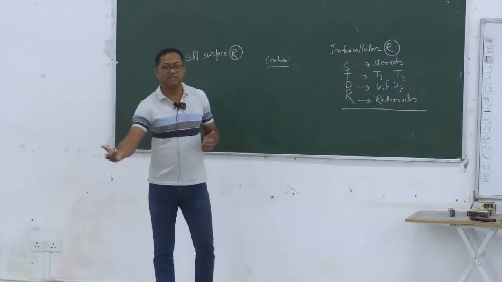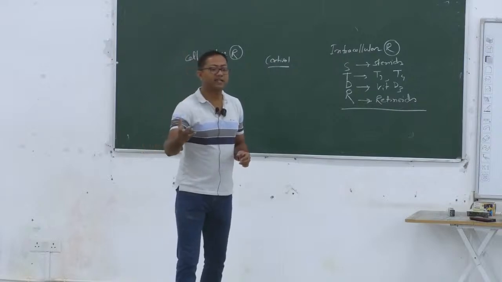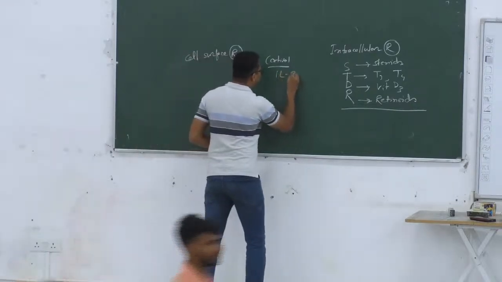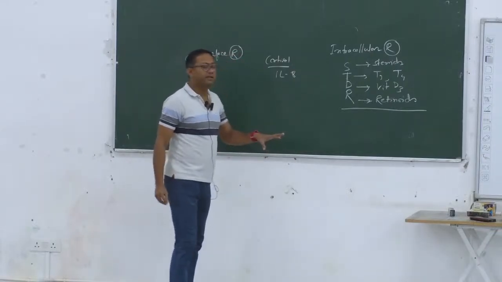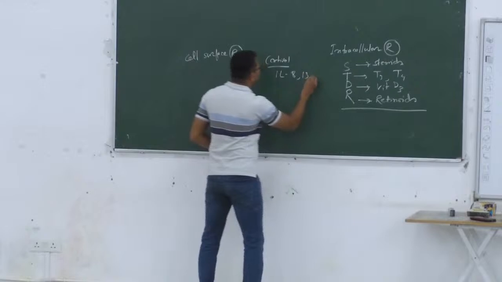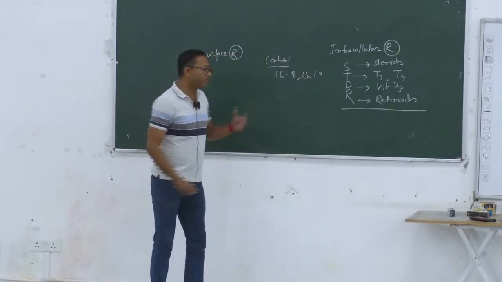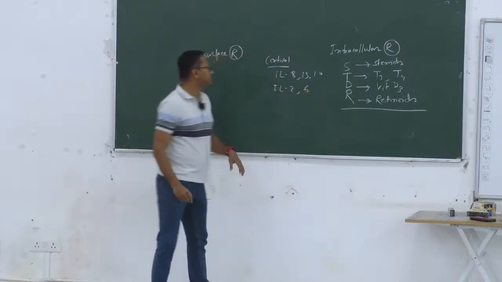Cortisol will increase the cytokines which are anti-inflammatory, like interleukin 8, 10, 13, and it will inhibit the cytokines which are pro-inflammatory, like interleukin 2, interleukin 6, right?